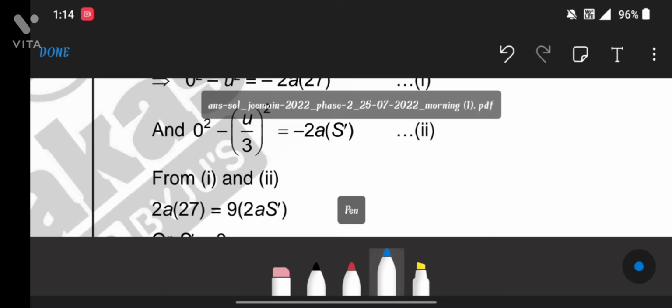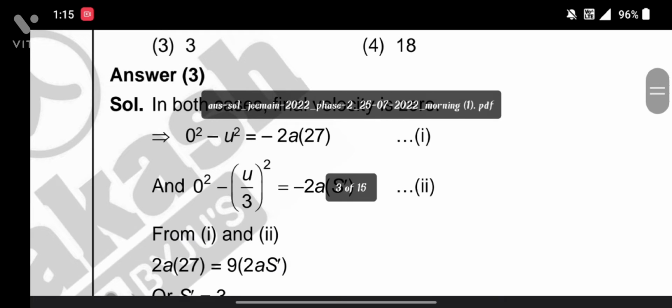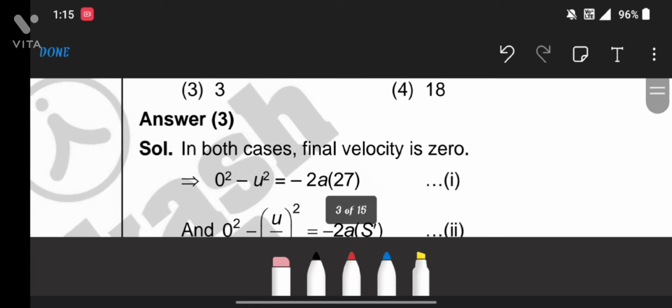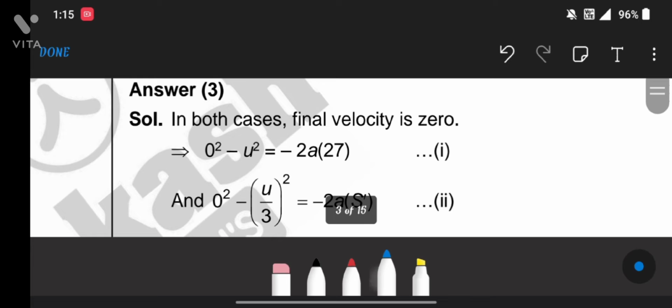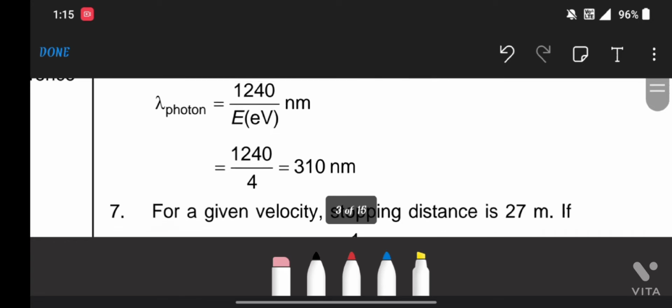Here we got 27 because it is in the question only, 27 meters distance. Distance is distance only, right? So 27 meters we got because they have already given the distance.